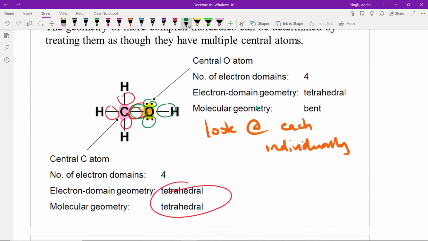So the electron geometry will be tetrahedral, but around the O, we only have 2 atoms connected, the H and a C. So the molecular geometry around the O will actually be bent. So we're applying the same rules, but now we're separating the molecule out into these two different regions. One region has a central O, one has a central carbon, and we're looking at those individually.